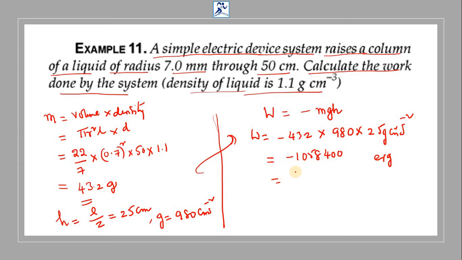If you convert this erg into joule, then you have to divide this value by 10 power 7. So it will be 1058400 by 10 power 7 joules. Upon simplification you will get 1.0584 into 10 power minus 1 joules. This is the answer for this question.